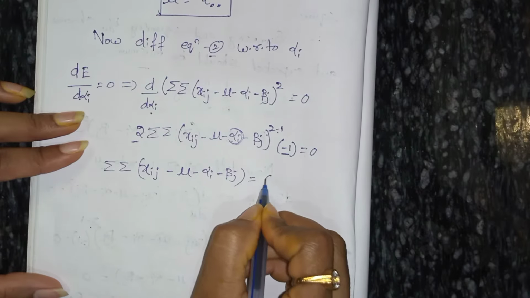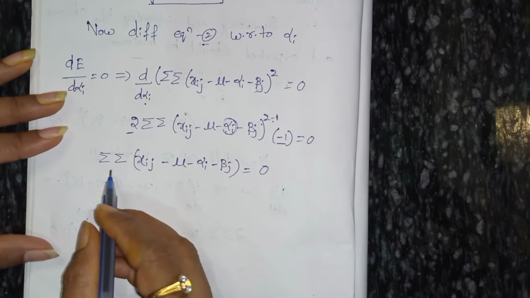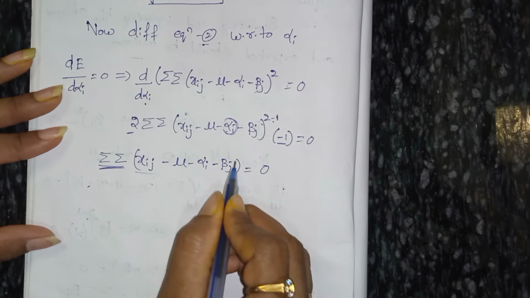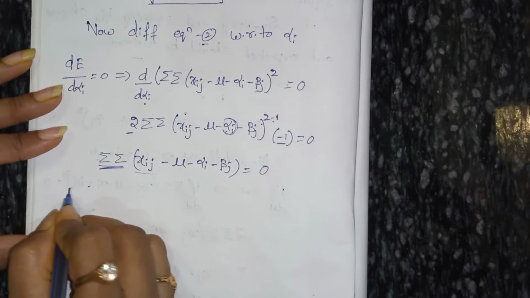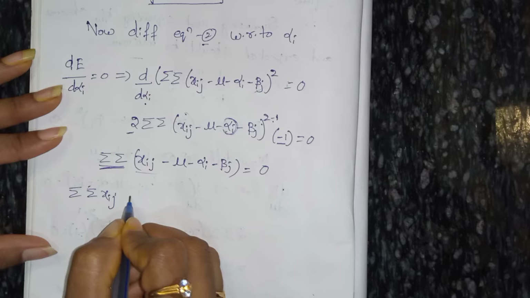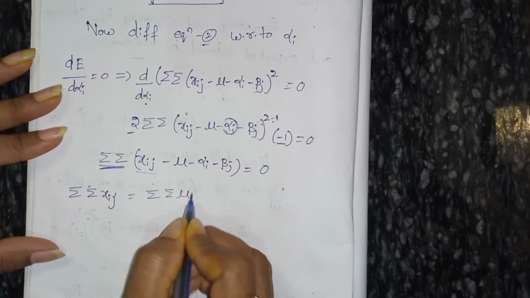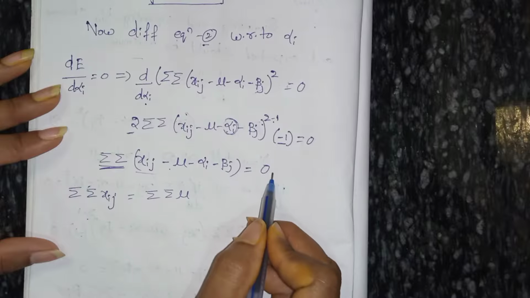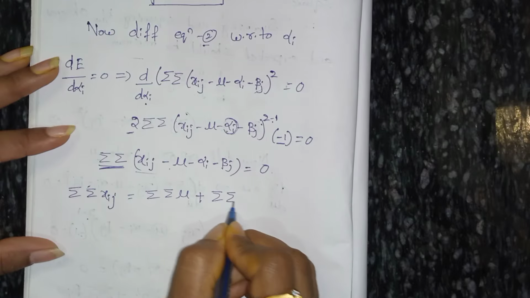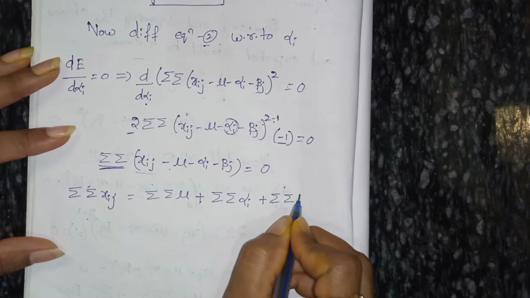So that equals 0. Now, this double summation I am going to multiply with this term. So double summation xij equals double summation mu.